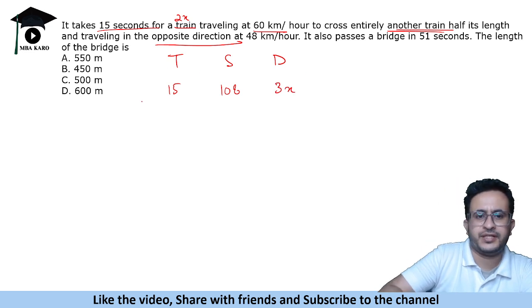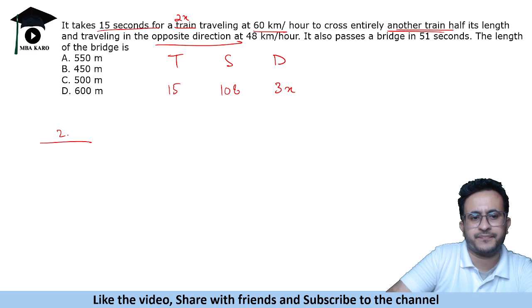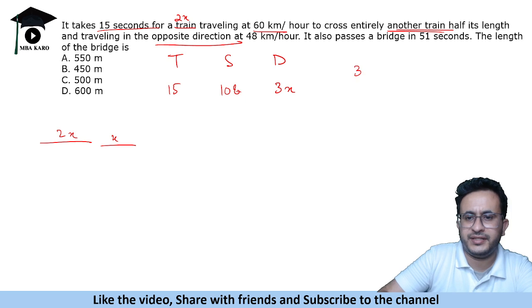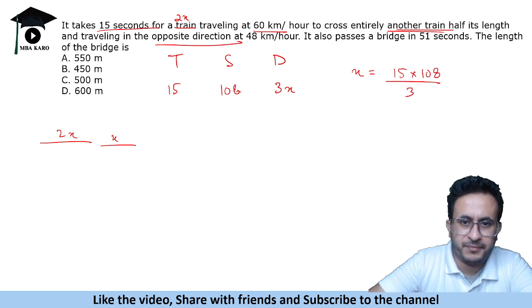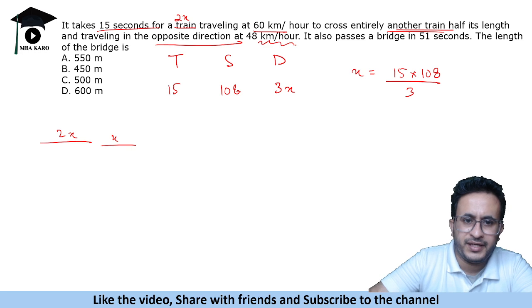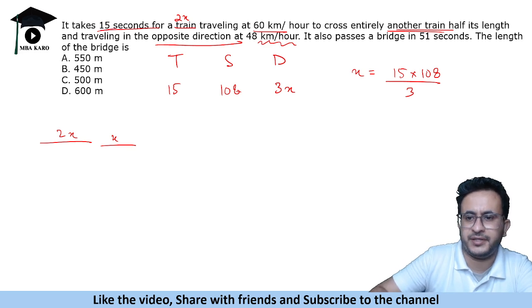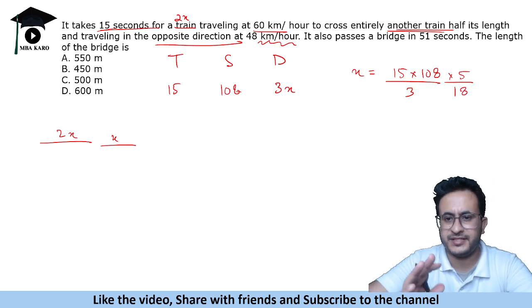So the first train, the longer train, is 2x, the second train is x, and they cross each other in 15 seconds. We can find the value of x: x is 15 into 108 by 3. But you need to keep in mind this speed is in kilometer per hour and the time is in seconds, so we'll have to convert to meter per second, multiplying by 5 by 18, because we have to calculate this distance in meters.